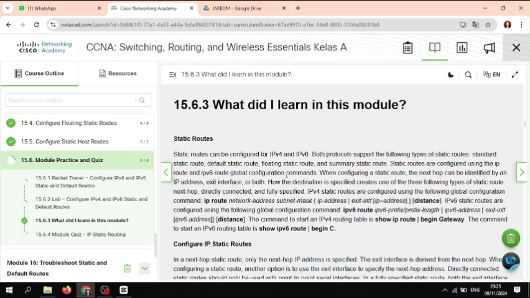Nah, cara untuk menentukan tujuan akan menciptakan salah satu dari tiga jenis rute statis ini, yaitu hop berikutnya, terhubung langsung, dan ditentukan sepenuhnya. Static route IPv4 dikonfigurasi menggunakan command global configuration ip route seperti ini.